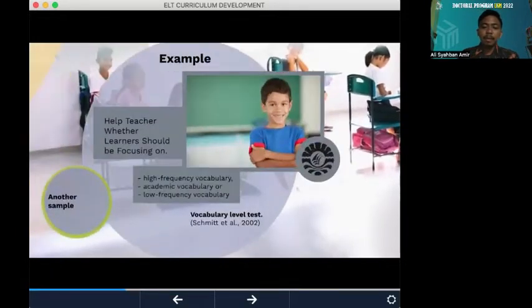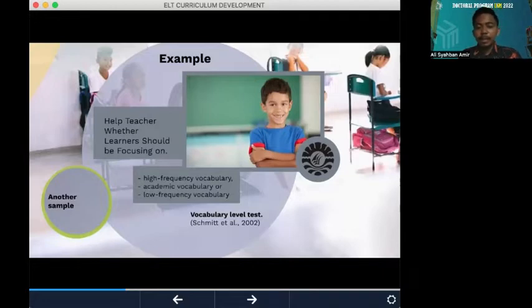A sample of a diagnostic assessment is the vocabulary level test from Smith in 2002. It helps teachers decide whether learners should be focusing on high frequency vocabulary, academic vocabulary, or low frequency vocabulary.